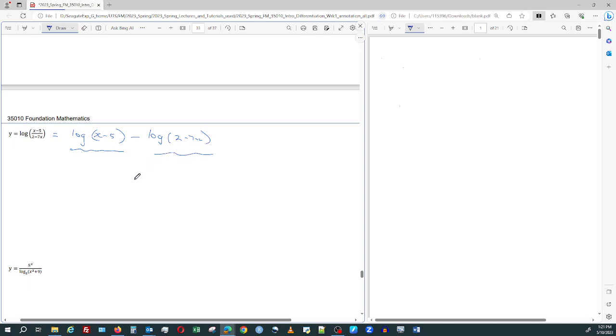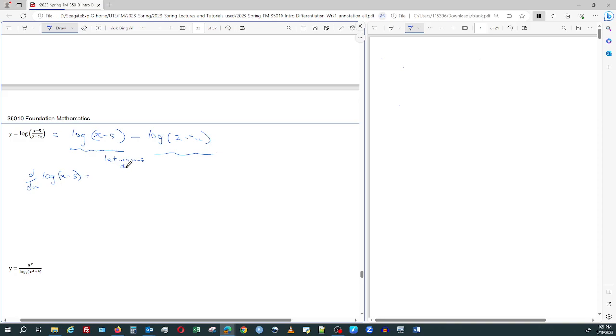Now this is where I think it helps to have expressions, because what we're saying is let's d/dx this: d/dx of log(x minus 5). Okay, no problem. What we need to do is recognise that this is a chain rule, so we're going to let u equal x minus 5.